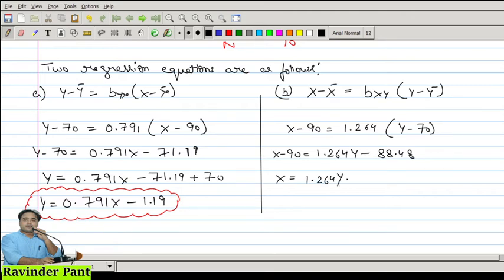1.264y minus 88.48 plus 90. So this x will be equal to 1.264y and plus how much? हाँ जी, 90 minus 88.48, 1.52.